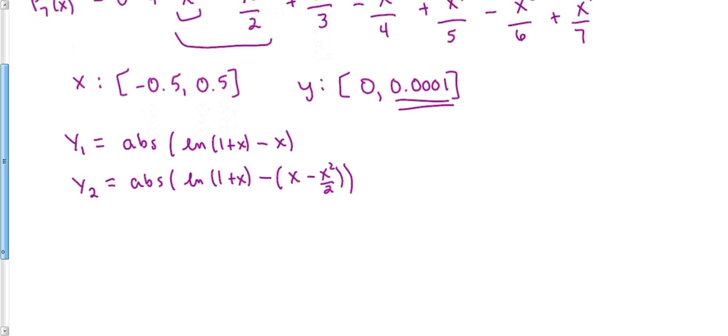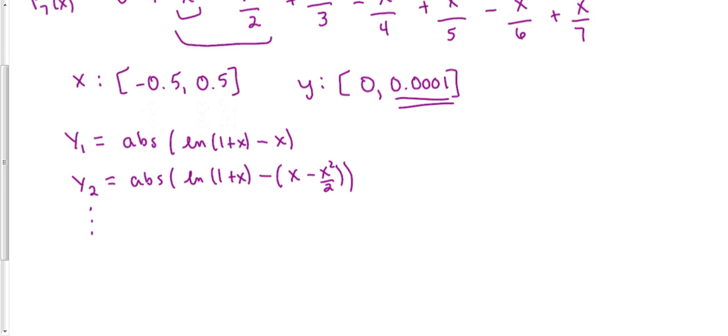And I'm going to keep going, and I'm going to plot all of these differences until I get down to y7, which is going to be that absolute value of the natural log of 1 plus x, which is, again, my f of x, my original function. And then I'm going to subtract my whole polynomial here.